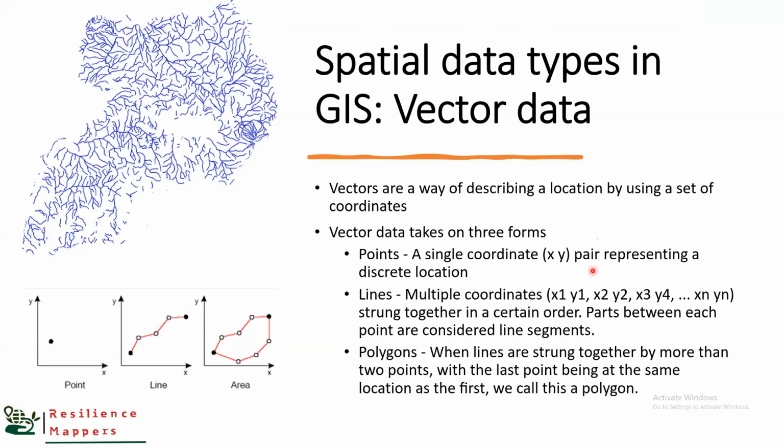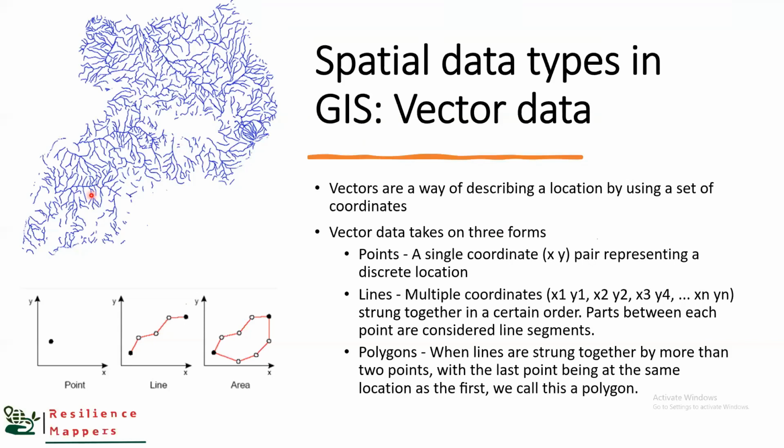Now, a point is just a single coordinate. For example, if I have a vector data of schools, they are represented as points. That means each point represents a single coordinate pair, which represents the location of that feature. If I have vector data of rivers, for example, the map that I have over here, these are rivers, and they're represented as lines.